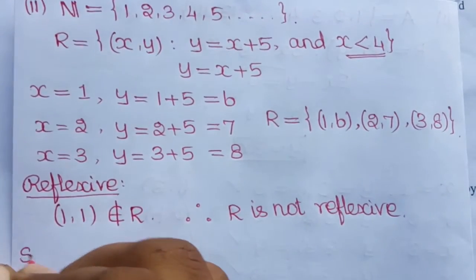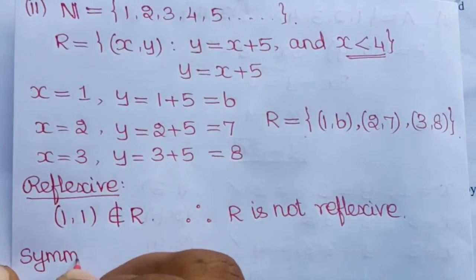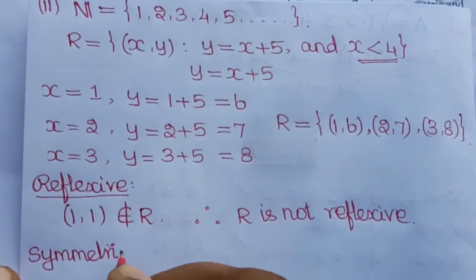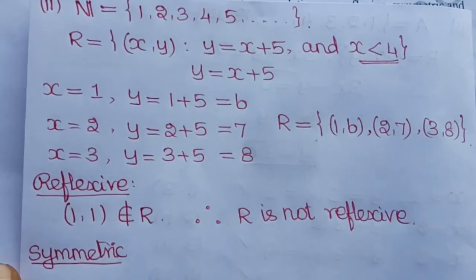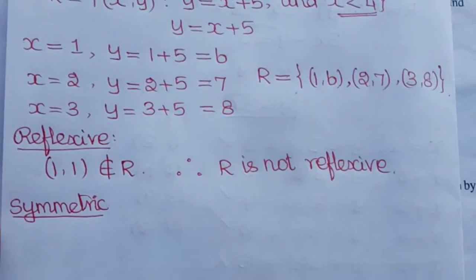The next one is symmetric. Now the given relation is symmetric or not. Symmetric means reverse pairs are there.